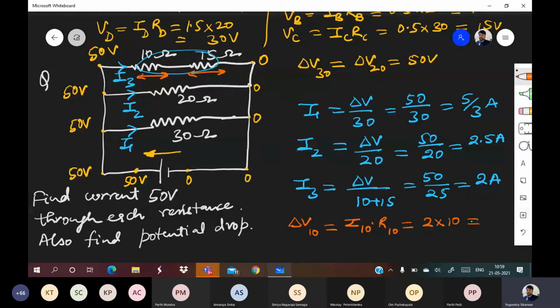So that comes out to be 2 into 10, 20 volt. Similarly, delta V across 15 is equal to I through 15 into R15. That is 2 into 15, and that comes out to be 30 volt. Answer. So these are the answers.